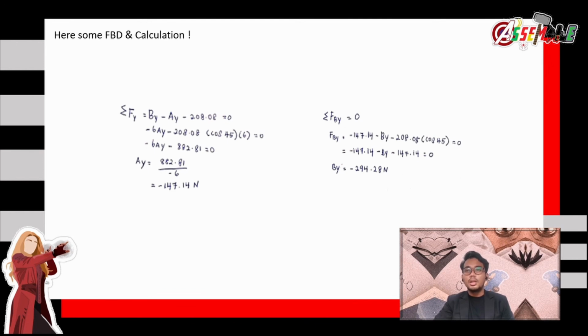So we got the answer. We must make sure it gets 0. So we solve it, multiply, and then the final answer is negative 294.28 Newton. So that's all from me.